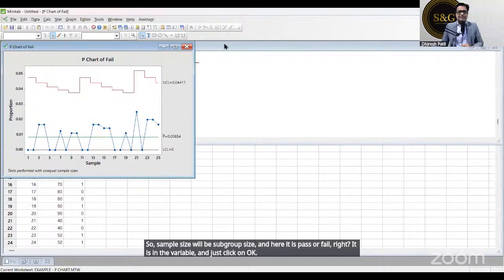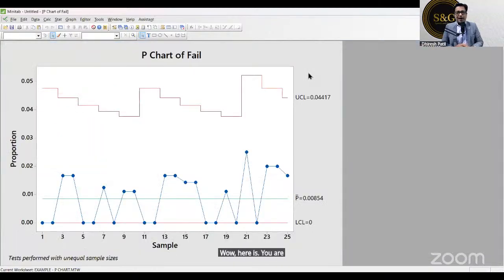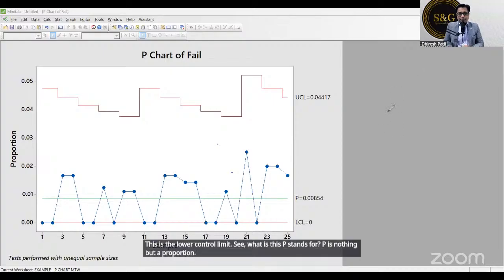Wow. Here you are getting this value. Now, there is something interesting here. Now try to understand this. This is the lower control limit. See, what does P stand for?